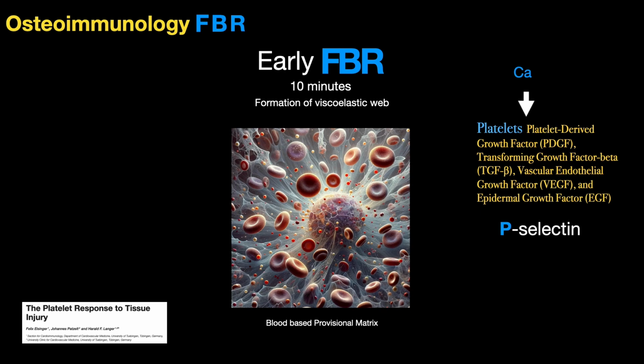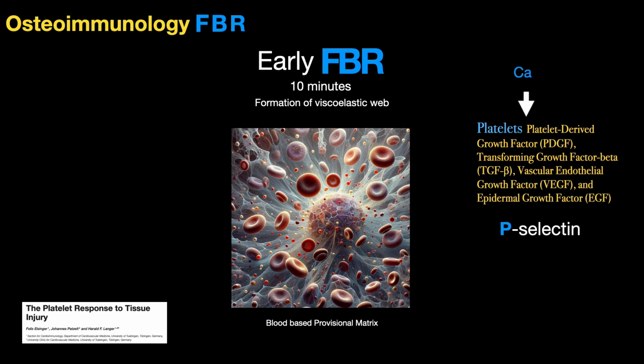So after the aggregation of platelets, we have a special formation called the blood-based provisional matrix, which looks like a net that grabs all the tissue and more of these factors and more of the P-selectin. We get more BMP exposed.